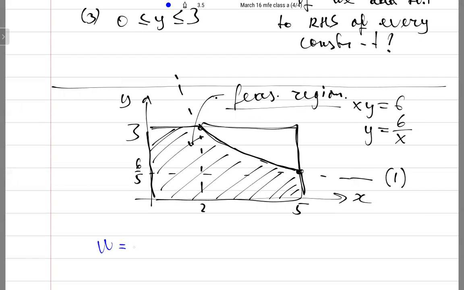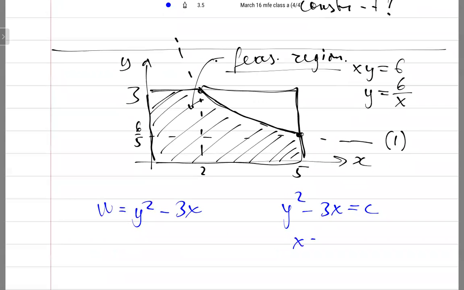So I have a function y squared minus 3x. I draw level curves, so I just set y squared minus 3x equal to c. So x is basically y squared over 3 minus c over 3.